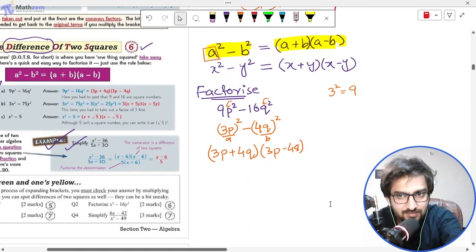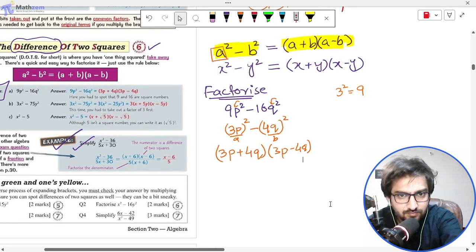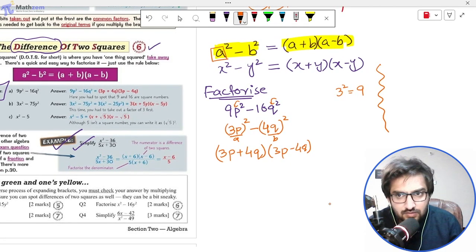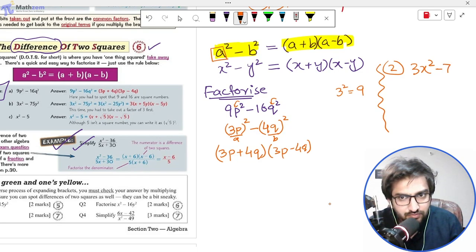Now let's do another example. Let me write Example 2: 3x square minus 75y square.